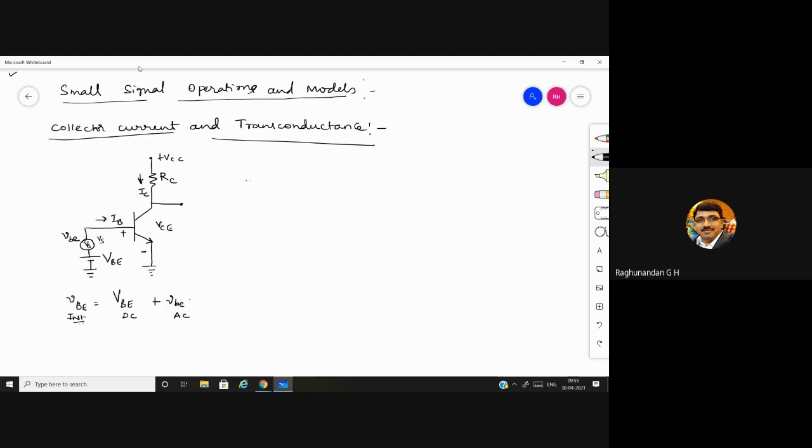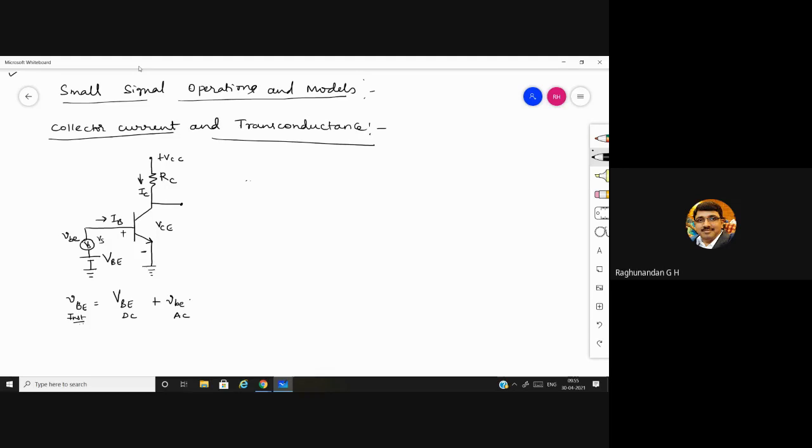Now, the output collector current, you know, is a function of the base emitter voltage, because if you have more input signal, obviously the collector signal will also increase. We get the base current from the supply; whatever the supply gives acts as the base current.